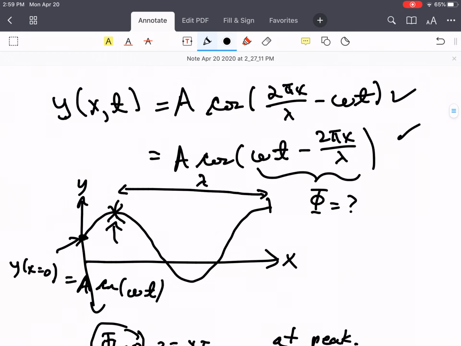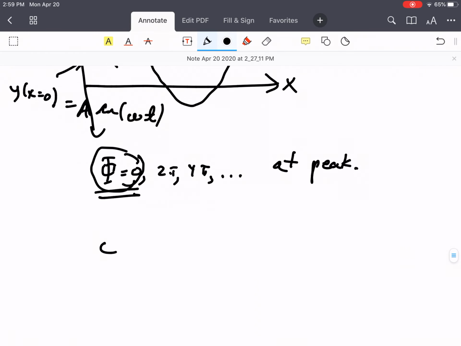Okay, so I told you that the phase, phi, is omega t minus 2 pi x divided by lambda. And now I'm telling you that we're going to track what happens when that phase is equal to 0, when I'm at the peak of the displacement. So what we can do is solve for x as a function of t.